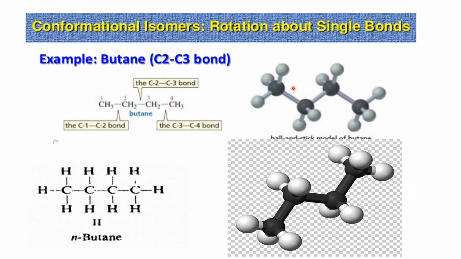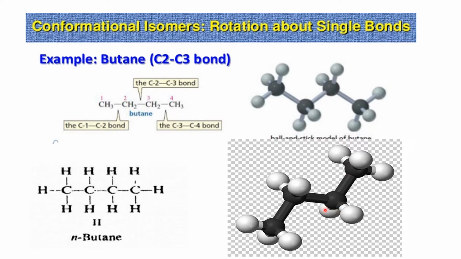So we think about the C2 and C3 carbon-carbon single bond. This C2-C3 bond could undergo rotation so that different conformations are possible. So we have to discuss the conformational isomers of the butane molecule around the rotation between C2 and C3 carbon atoms rather than any other carbon atom.